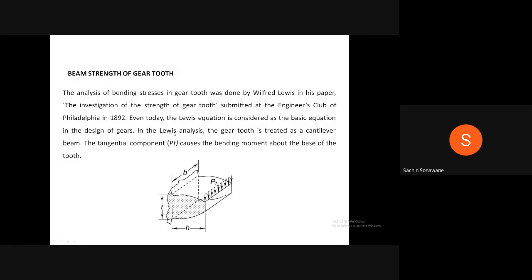In the Lewis analysis, the gear tooth is treated as a cantilever beam. The tangential component Pt causes the bending moment about the base of the tooth. Whatever has been written here is expressed in the figure here.